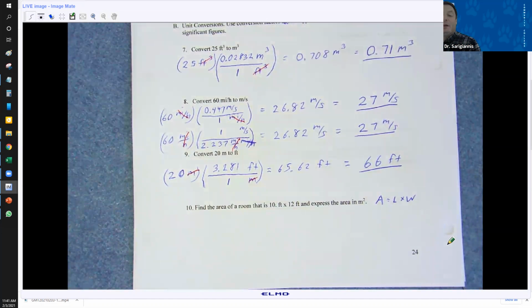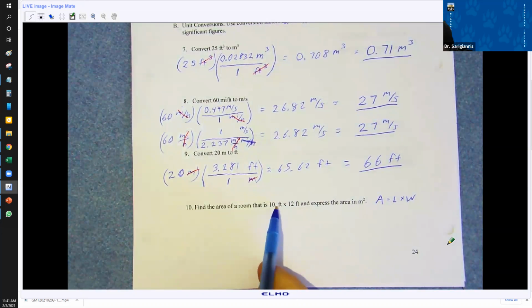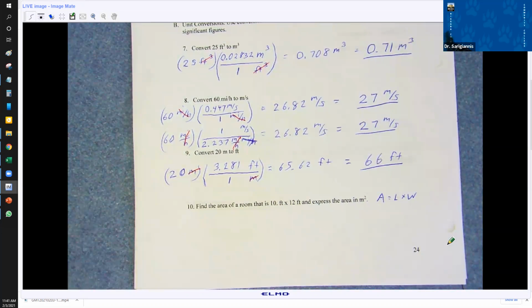And we have a room that's 10 feet by 12 feet. Now notice I do have a decimal point here, so I'm working with 2 significant digits in the measurements. And I want to find the area of the room. Now, there's 2 ways you can do this.